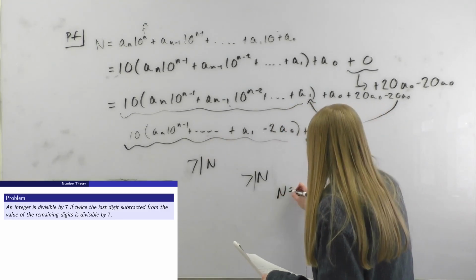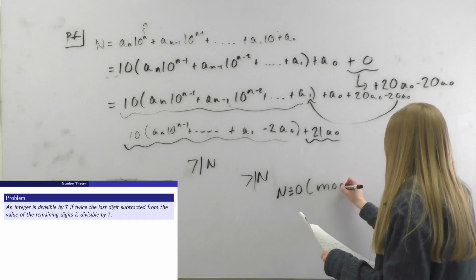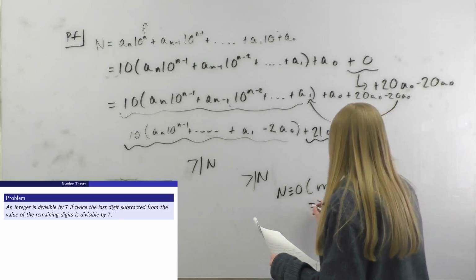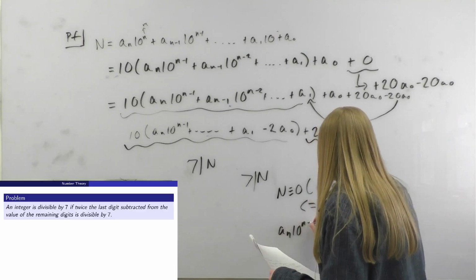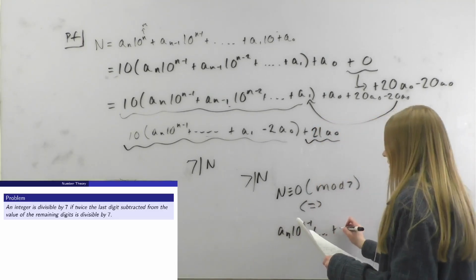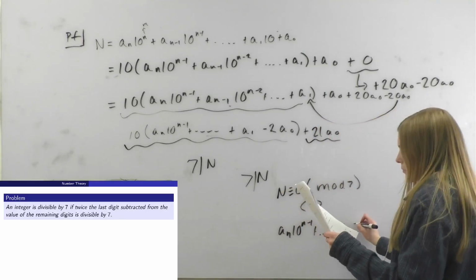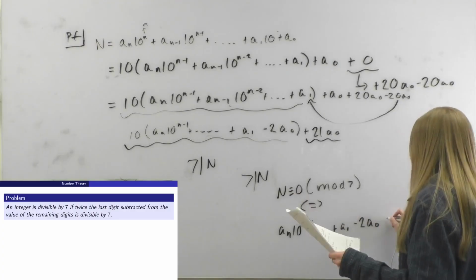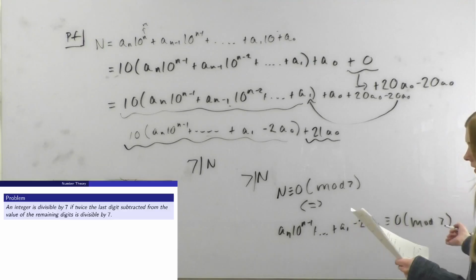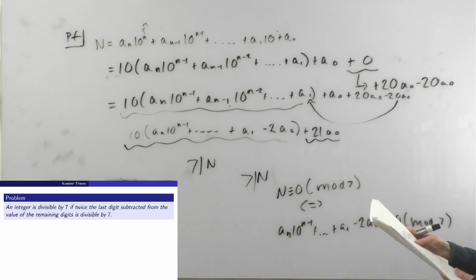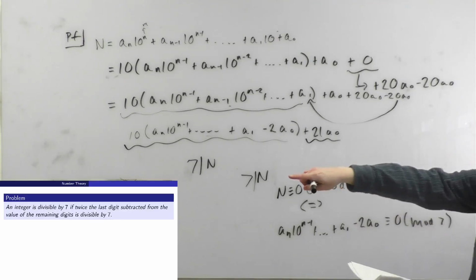So we have n is congruent to 0 mod 7 if and only if a_n 10^(n-1) + ... + a_1 - 2a_0 is congruent to 0 mod 7. And if you note, this is exactly what the theorem statement says.